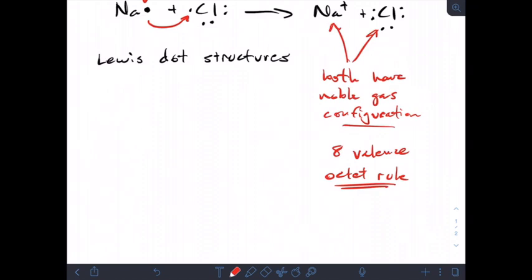Okay? So when I'm showing these ionic scenarios, the positive of the sodium is attracted to the negative of the chlorine, and that's how they are held together, through electrostatic charge.